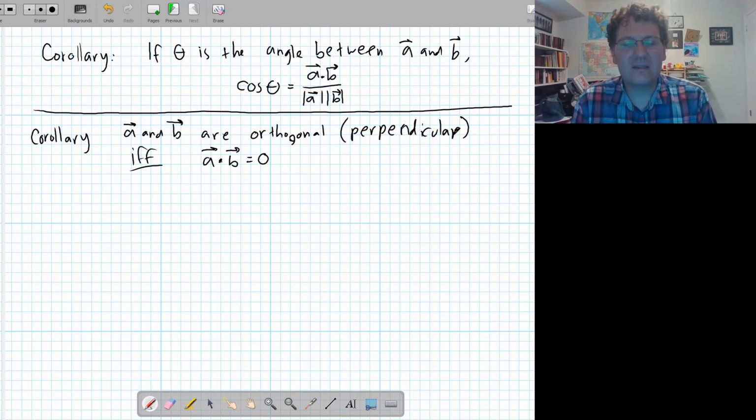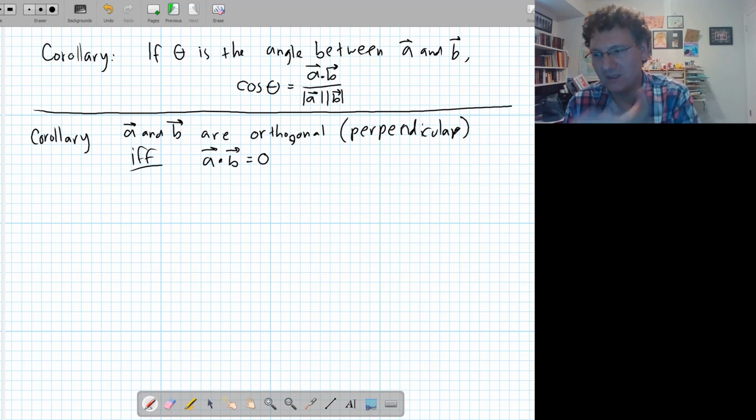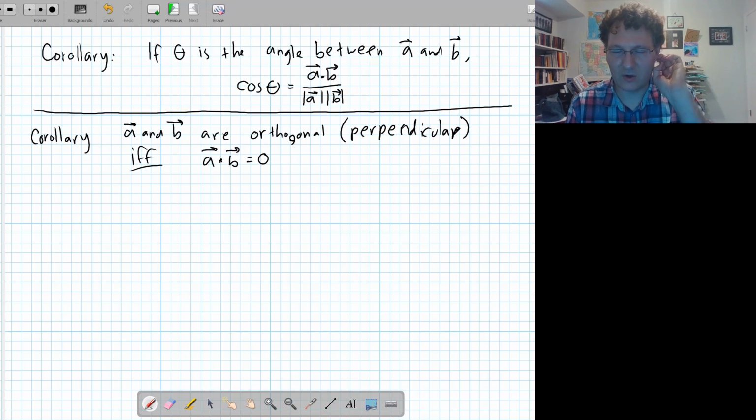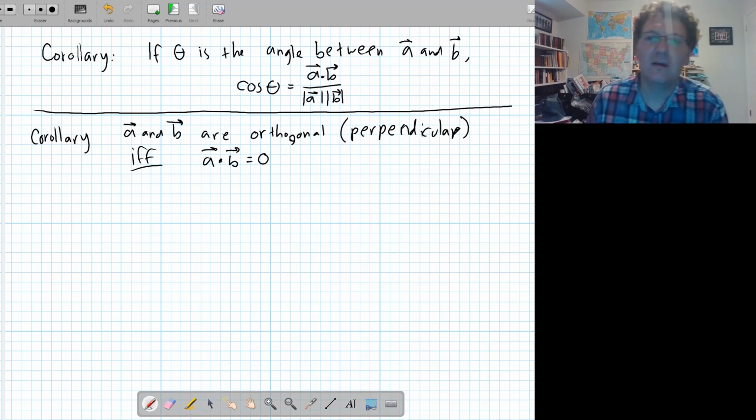Now often this is going to be important because we're interested in finding right angles in a lot of cases. For example, we'll be seeing in just a moment that we're going to be projecting one vector onto another vector, or projecting a point onto one of the XY planes, and a right angle is involved, and so a dot product of 0 is going to be one of these essential aspects of such an exercise.